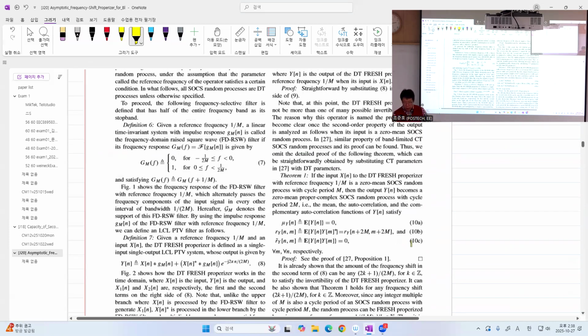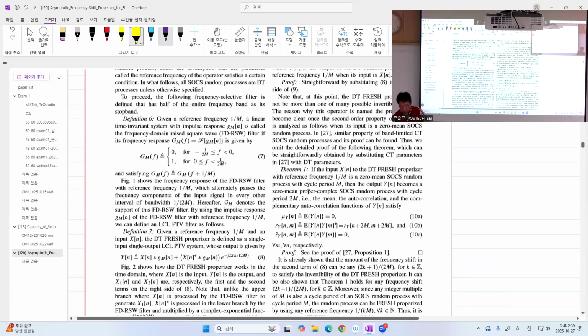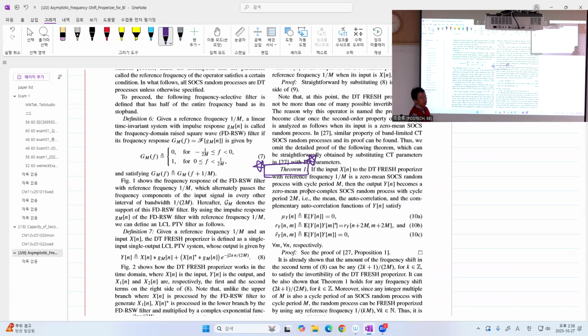So here goes the theorem that gave striking results to many of the researchers who were familiar with proper complex and improper complex cyclostationary random processes. As you see, the output y[n], the output random process, we assume zero mean, so here we again have mean zero.